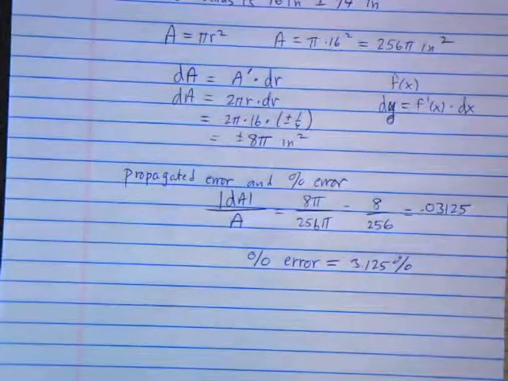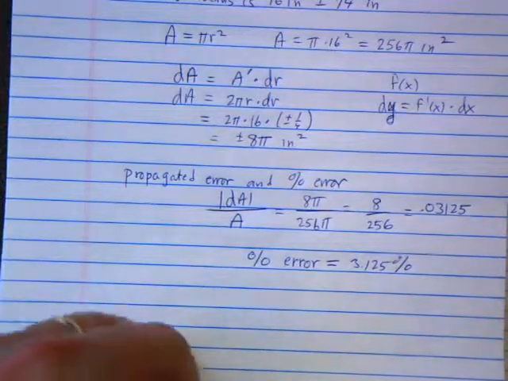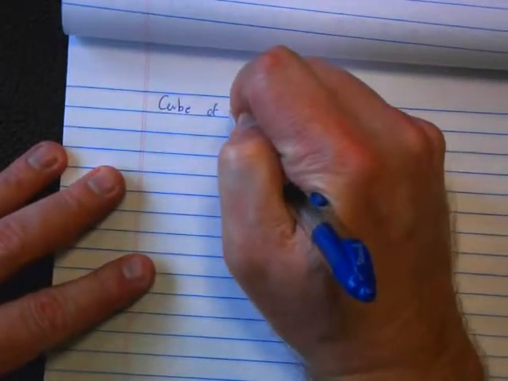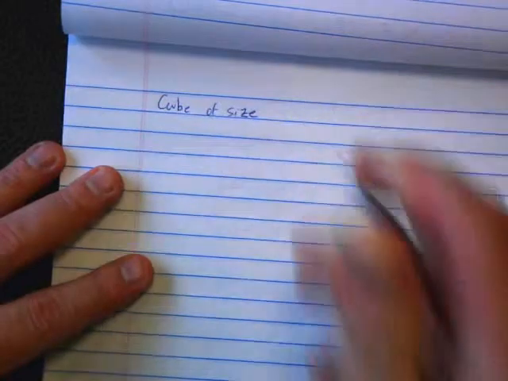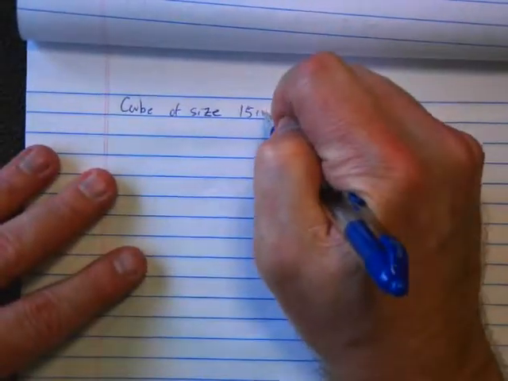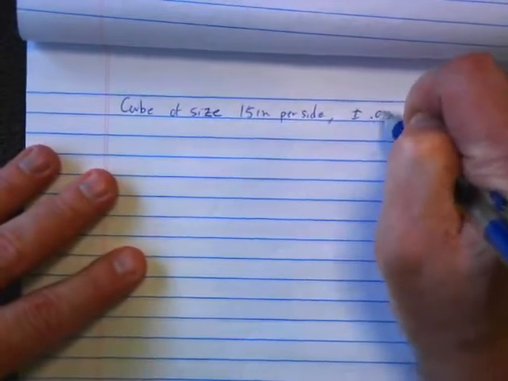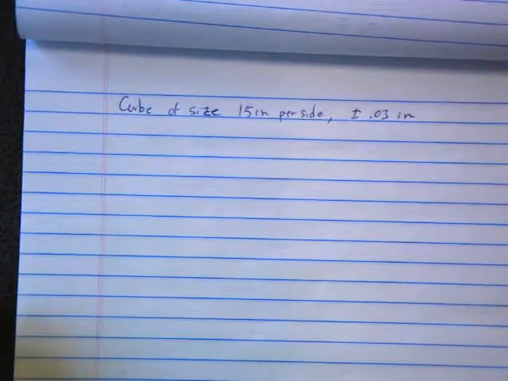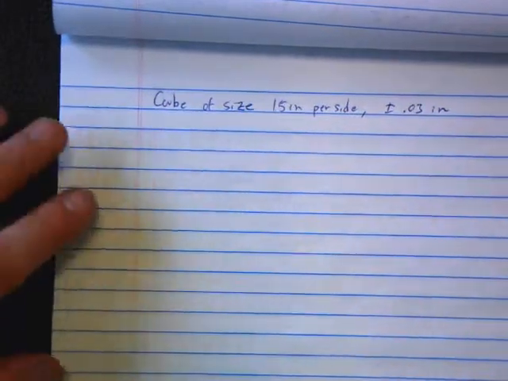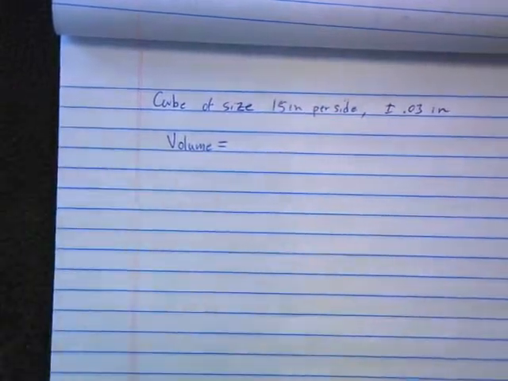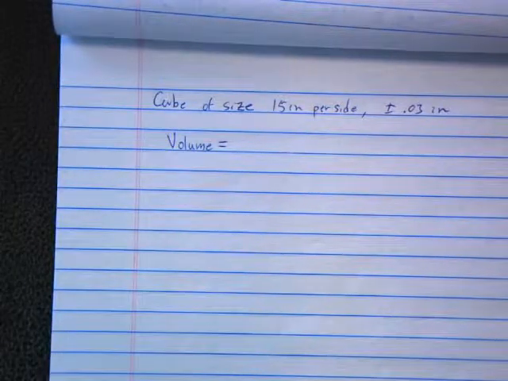All right, so we have a cube of size 15 inches per side, plus and minus 0.03 inches. So we want to find the propagated and percent error in the volume.